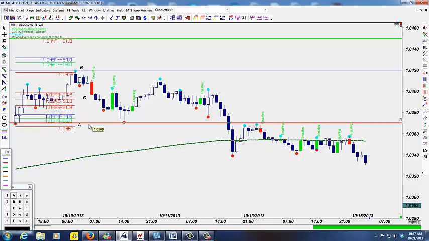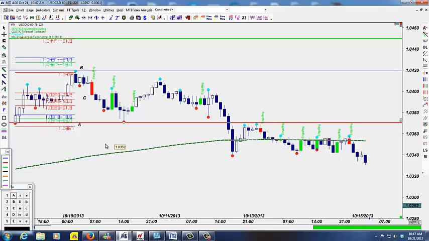Why don't we use this, and let's, this is closed, right? 2 candles to the left, 2 candles to the right. So A's been taken out. So this eliminates this fib.